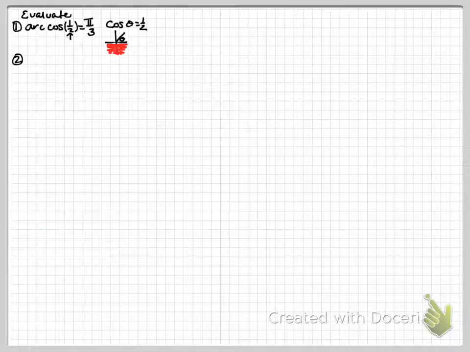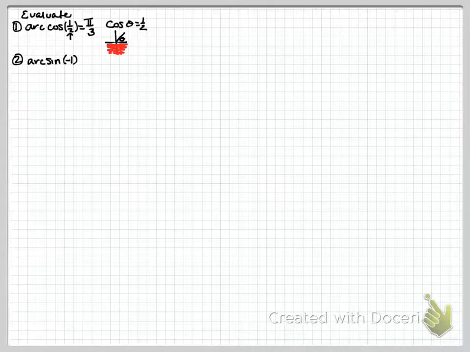Number 2. Let's do the arc sine of -1. Okay, so example 2, arc sine of -1. So the first thing, again, is we look at that -1, and is that possible?